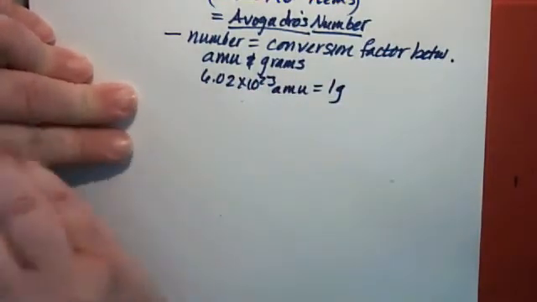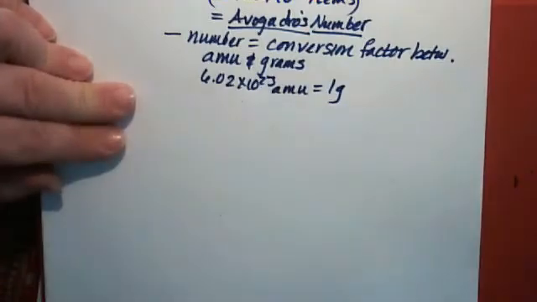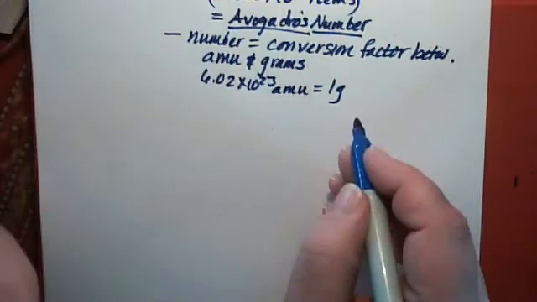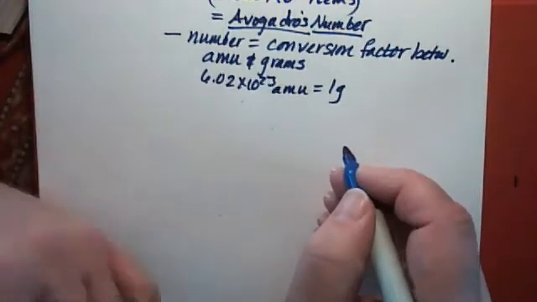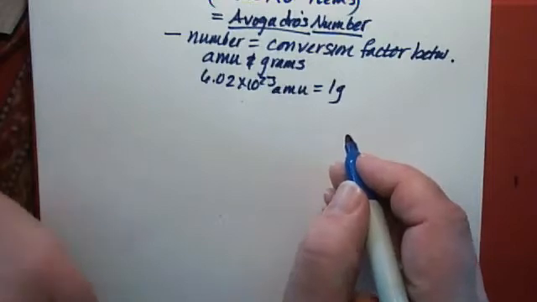So 6.02 times 10 to the 23rd atomic mass units would be equal to 1 gram. And grams are a convenient unit for us to use because they're big enough for us to appreciate and to measure accurately, and laboratory balances weigh things in grams.